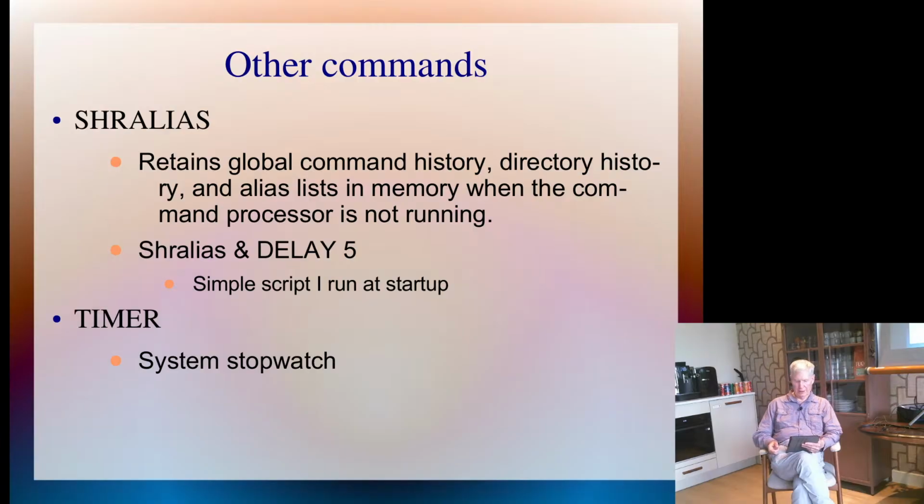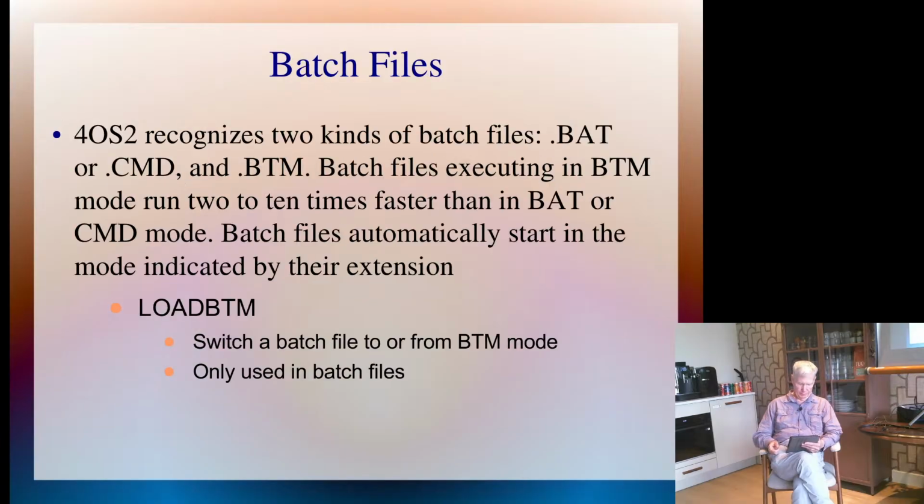Okay, next slide. Batch files. I'm not going to talk about how to write batch files, but just one difference between 4OS2 and CMD is it has its own batch file processing method. BTM files are automatically processed that way, but you can actually set which way you want these run.